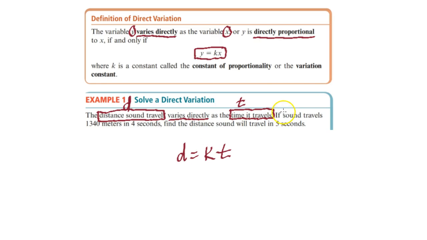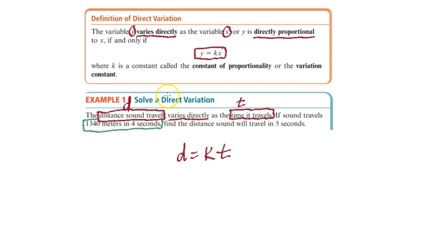So if sound travels 1,340 meters in 4 seconds, find the distance sound will travel in 5 seconds. Okay, so this gives us the information that we need. So we're going into the next phase of the problem. I'll use a different color.